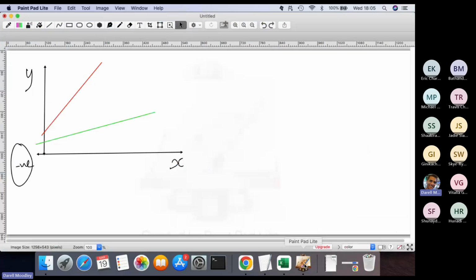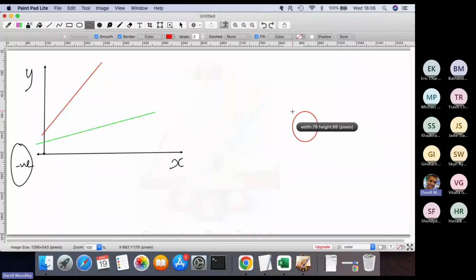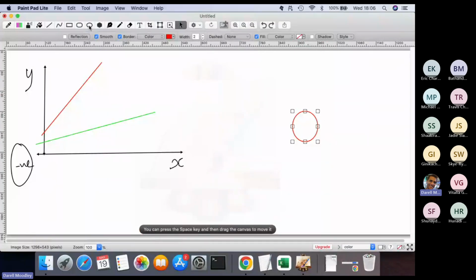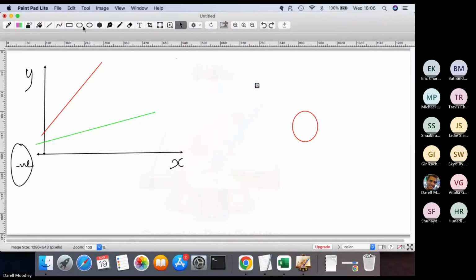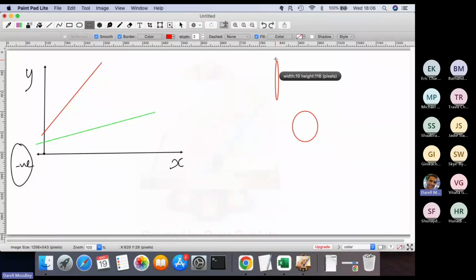All right, so these are two lines. Now, in mathematics, to describe a circle, if you had a circle, and I know I'm going a bit off topic here, but there's a reason for it. You had a circle here, and then another circle, let's say a bigger circle.